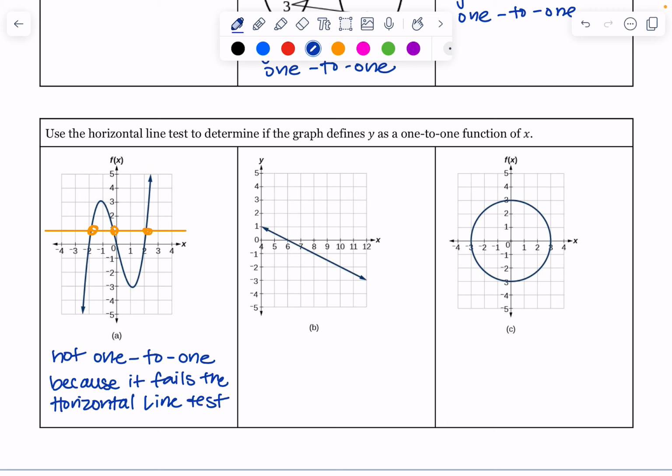The horizontal line test says it should only hit 1 time. Here, this one passes because anywhere I draw a horizontal line, it only hits once. So this one is one-to-one. Last, I have this circle. If I drew a horizontal line here, for example, it would hit twice. So this is not one-to-one because it does not pass the horizontal line test.